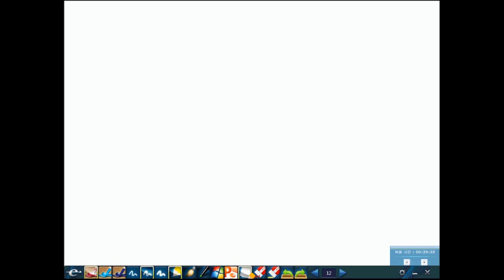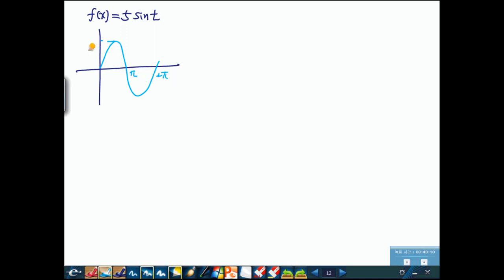Let me give you an example of how to use the unit step function. Let's say we have f of t equal to 5 sine t. If you draw the graph, it has amplitude 5, with pi over 2, pi, and 2 pi marked.